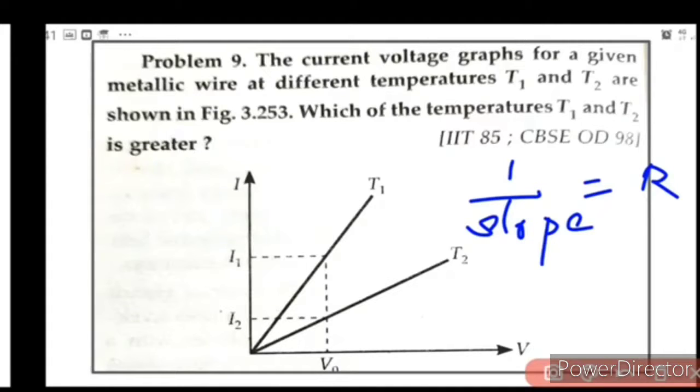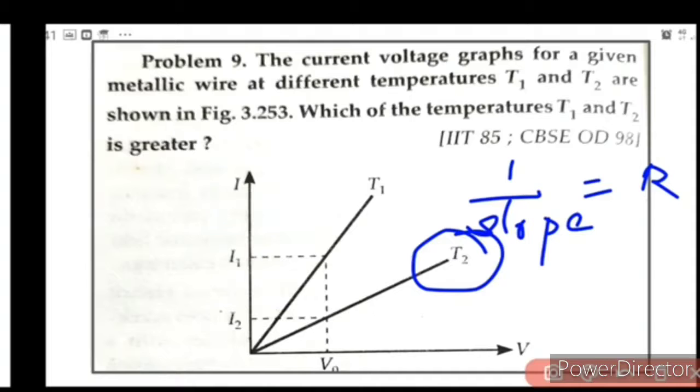You're asked to find which of the temperatures is greater. Since the reciprocal of the slope gives the resistance, the lower the slope, the higher the resistance. So higher resistance will be for which graph? This graph, which is written T2.